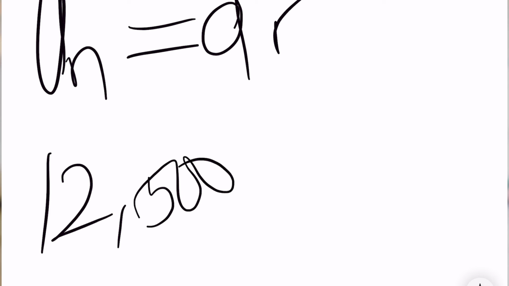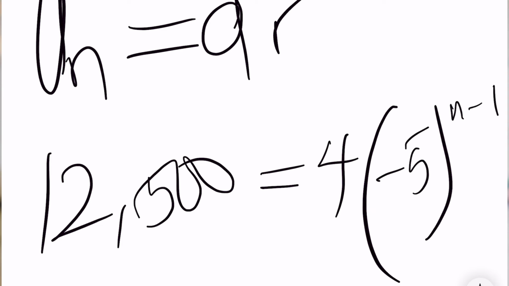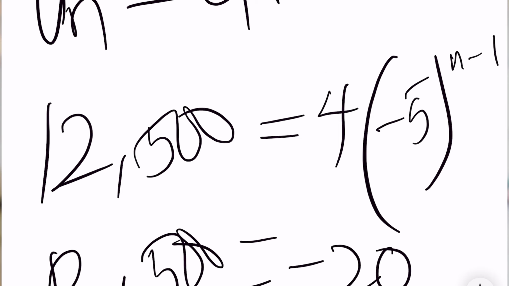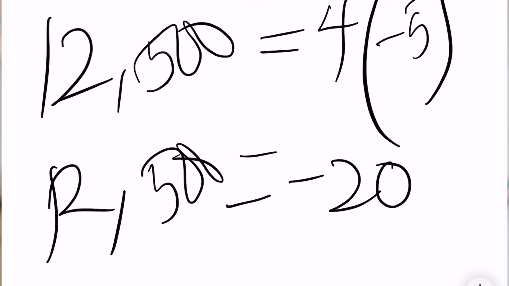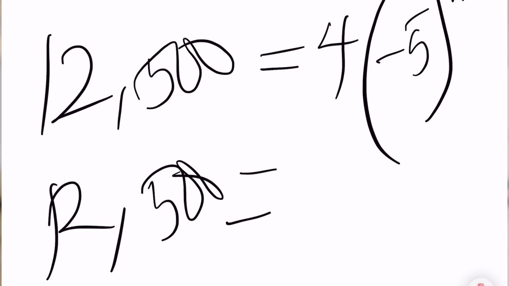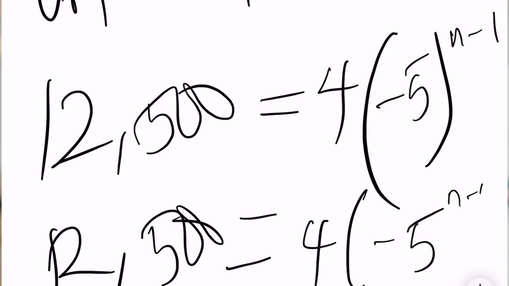So where we have Un to now be ar^(n-1), where we have our Un to be 12,500. So we now have A, which is 4, our r, which is minus 5, and n minus 1. So we have 12,500 equals 4 into brackets minus 5 to the power n minus 1.